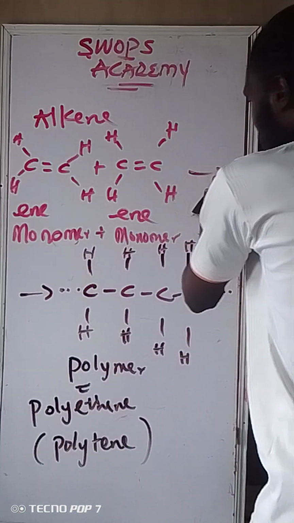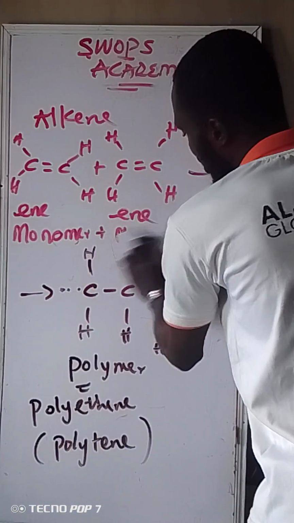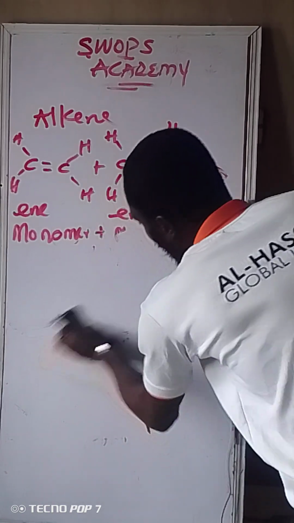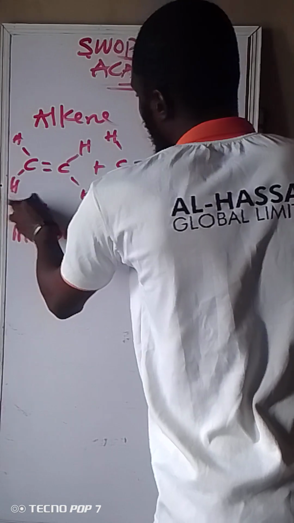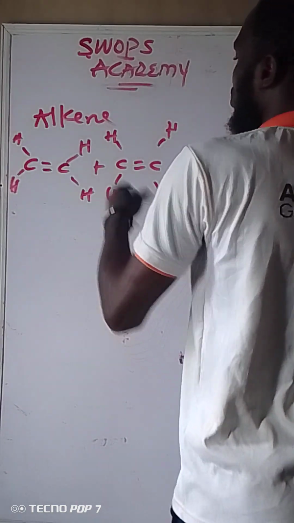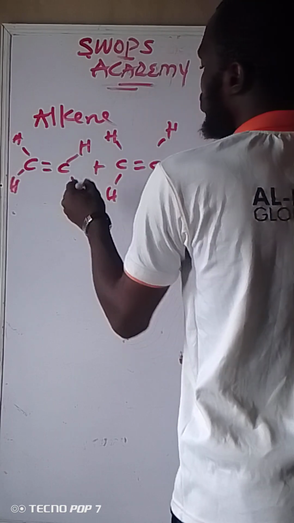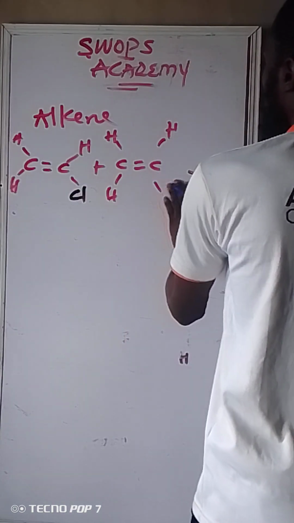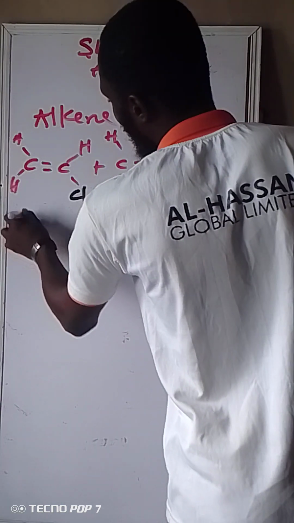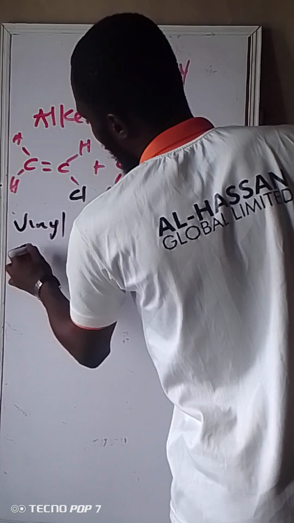So now let me put another one. Polyvinyl chloride. All you need to do is erase this, put chlorine, erase this, put chlorine. So this is vinyl chloride.